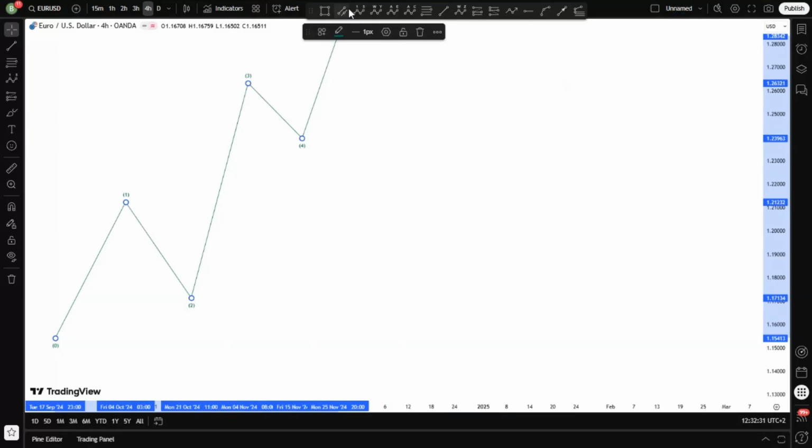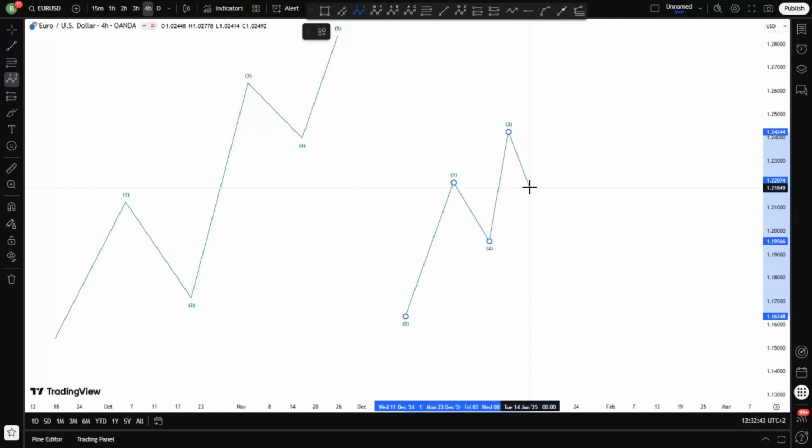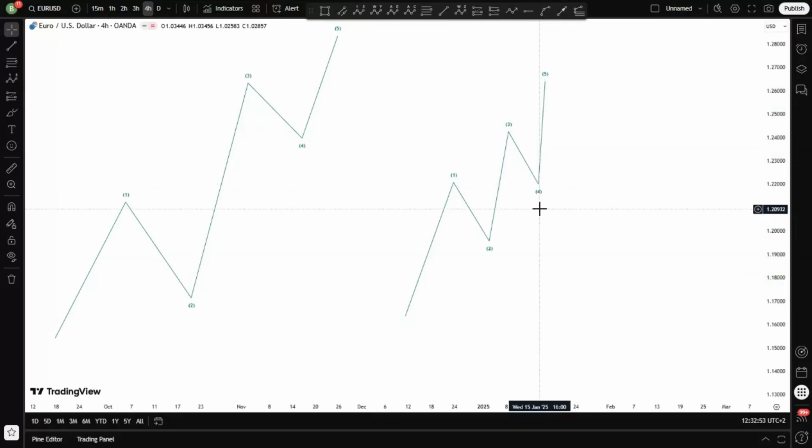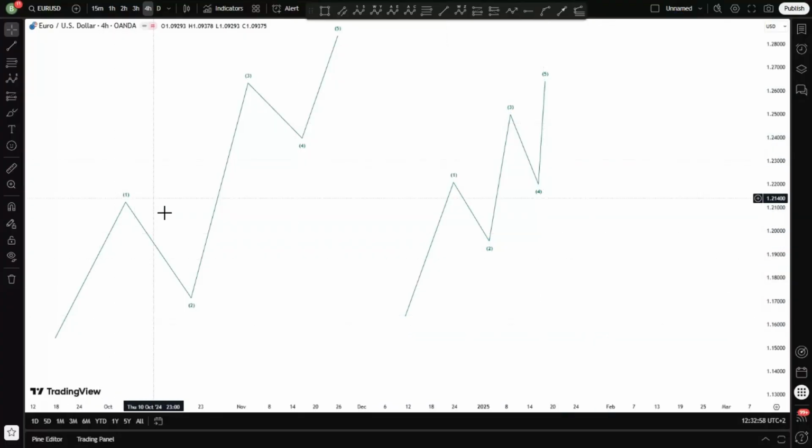We had a discussion where we said the impulse wave can form in two different types of patterns, which we named the leading, or rather the motive wave, and the diagonals. So what we talked about is the characters of the movement of these waves.